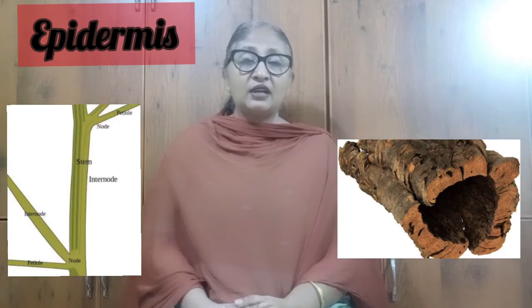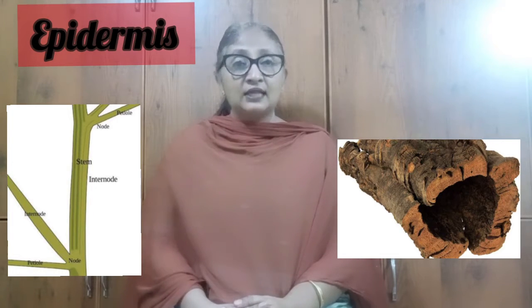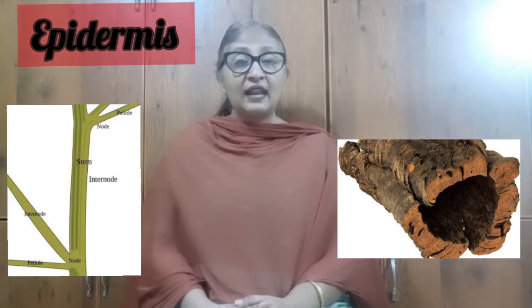If you observe the stem of a plant and the trunk of a tree, you can see the difference. Stem is soft while the trunk of the tree is hard and dark brown in color, while the stem is soft and green.